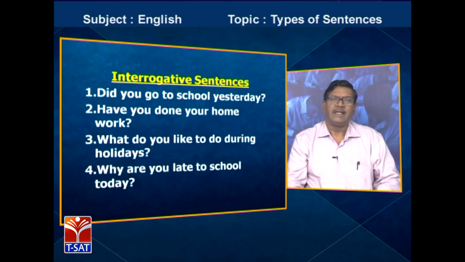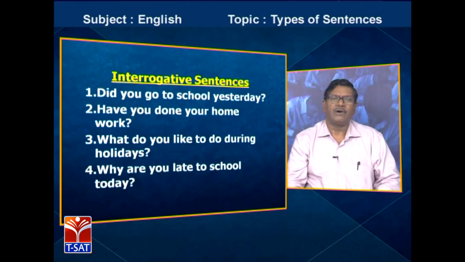Interrogative sentences. The first two, did you go to school yesterday? Have you done your homework? These two start with helping verbs. So, they are yes-no questions. Questions that begin with a helping verb is a yes-no question.